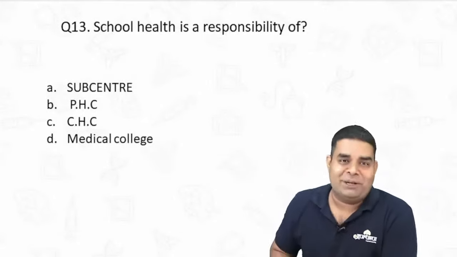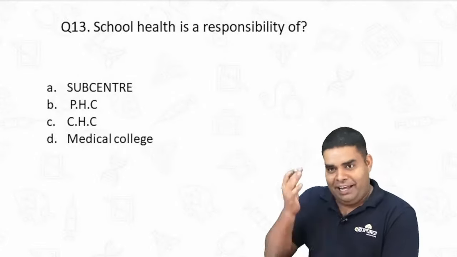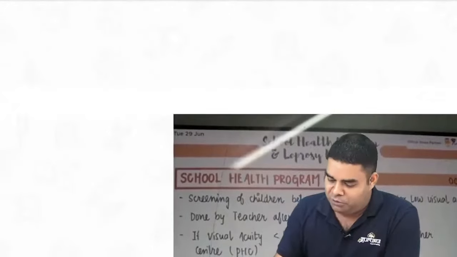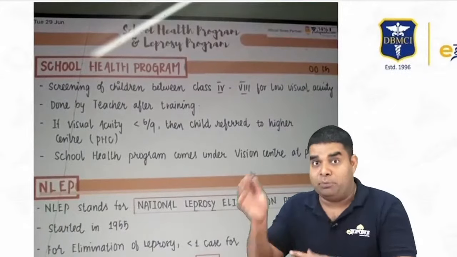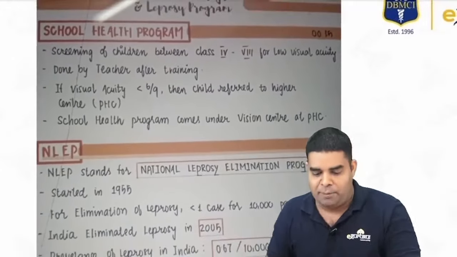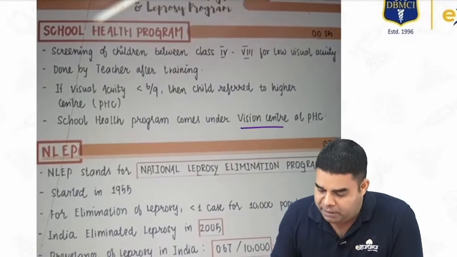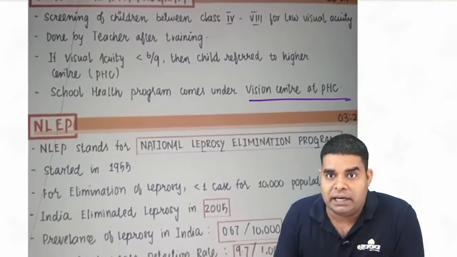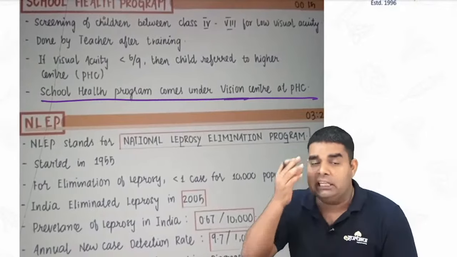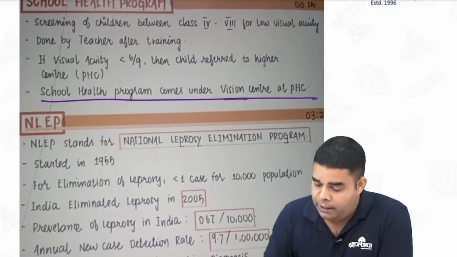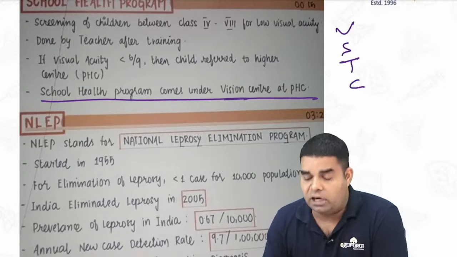Now, school health is a responsibility of sub-center, PHC, CHC, medical college. Difficult question, but if you have read it in the notes, we have always discussed under eye program also and under school health program also, that this vision center which is present at PHC looks after the school health program, because we know that in eye health programs there is vision center, service center, training center, center of excellence.